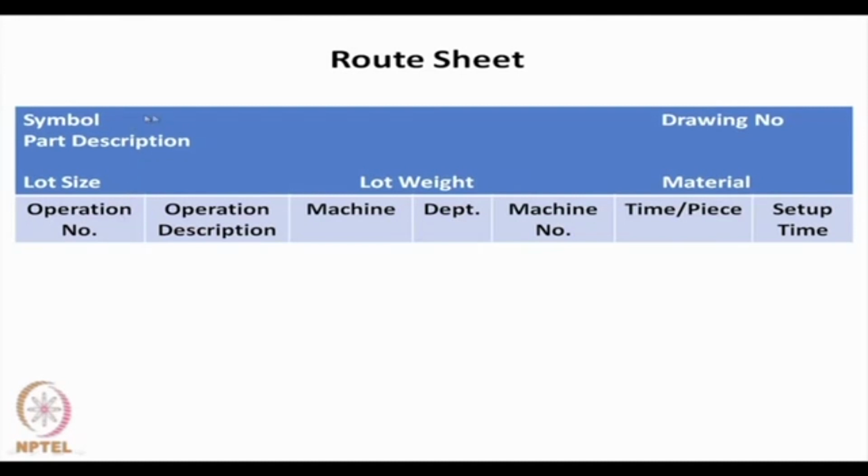So, the drawing, the symbol of the product, the drawing number, description of the part, how many to produce is lot size, weight, material to be used, then different operations that are required to produce a product, the description of the operation, the machine in which this operation will be done, the department in which the machine is installed, the machine number, what is the setup time for a particular lot, and how long it will take to produce one piece.